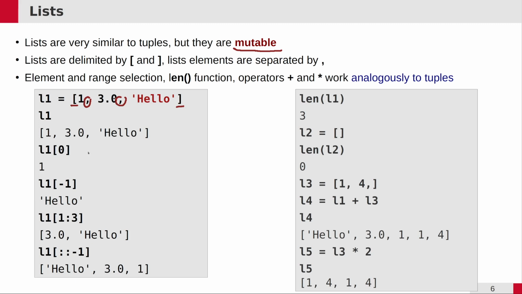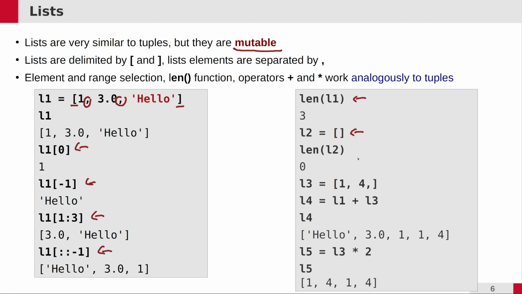You can index the list in exactly the same way as tuples. The 0th element would be the very first element, and -1 would be the last element. You can access ranges, even with step size, reverse the list, and so on. You can get the length of the list with the len function. You can create an empty list with an opening and closing square bracket. If you want to create a list with only one item, you don't need anything fancy, because you are using the special notation of square brackets.